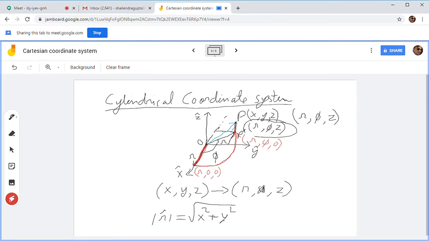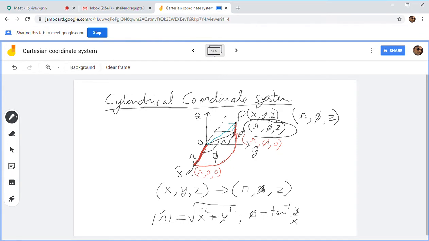Magnitude will be x square plus y square under root. Now defining your phi. How can you define your phi? Very easy. This can be tan inverse y by x. Simple.